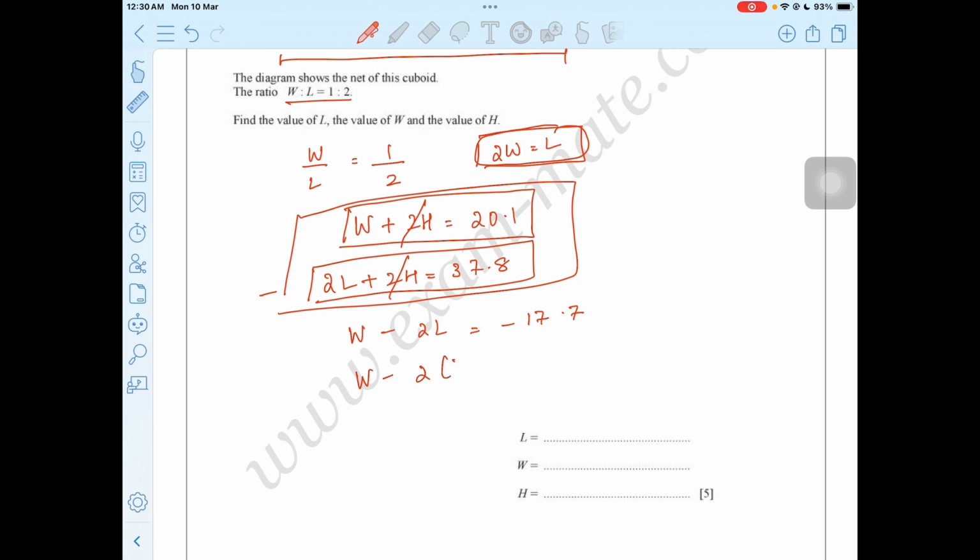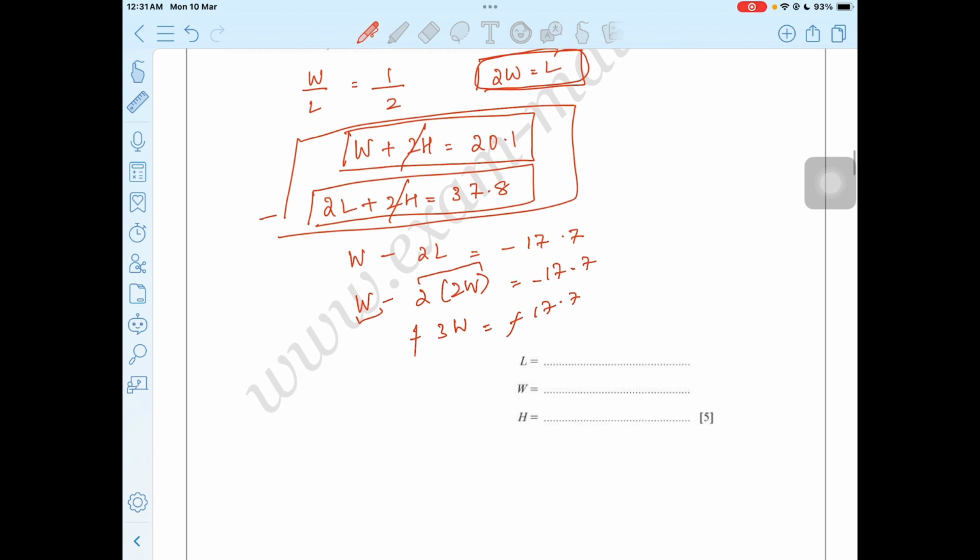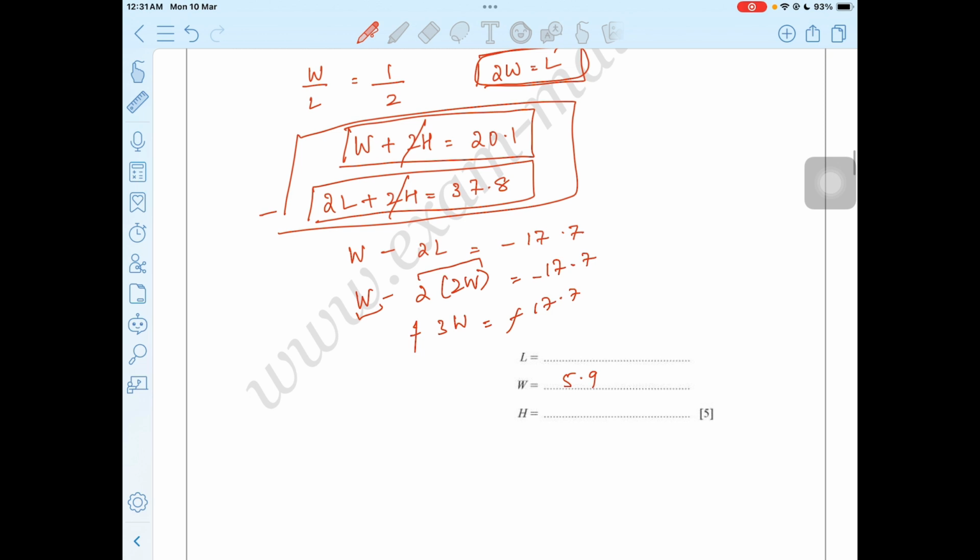So this would be W minus 2 into 2W is equal to negative 17.7. So this would be negative 3W, because this will be 4W and then W. So negative 3W is equal to negative 17.7. Negatives cancel out. We get 17.7 divided by 3 as 5.9. Okay, so we have our width as 5.9, right?